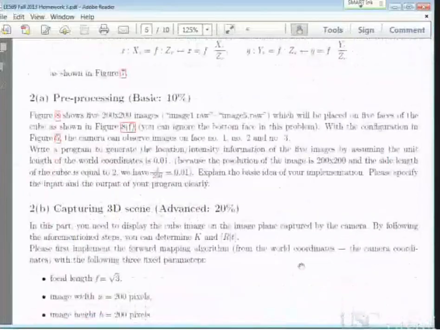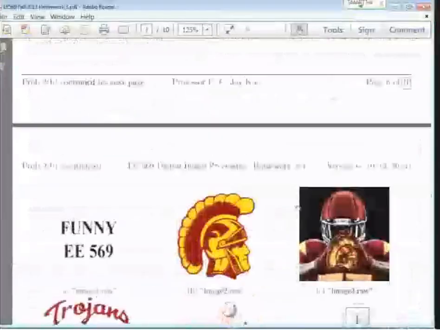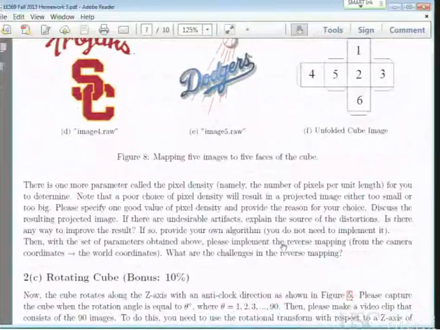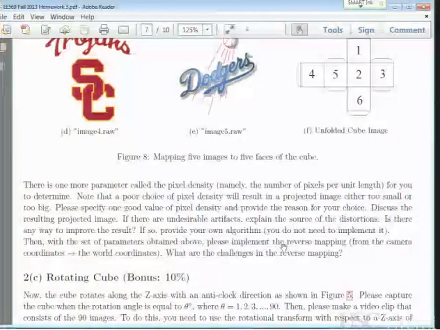So in terms of the pixel density, we can look at the image size. There is a real image size. Operator, can you show my notepad?